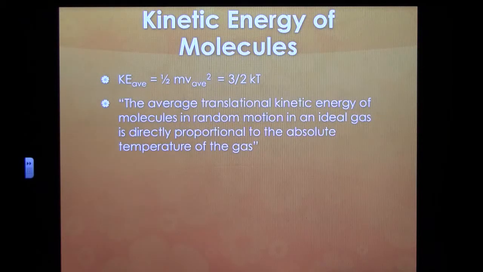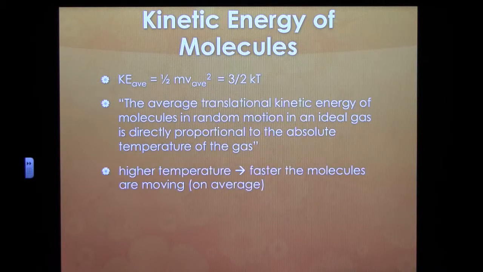This says the average translational kinetic energy of molecules in random motion in an ideal gas is directly proportional to the absolute temperature of the gas. In simpler terms, the higher the temperature of a gas, the faster the molecules are moving on average. And the opposite is true as well. The lower the temperature, the slower the molecules are moving on average.